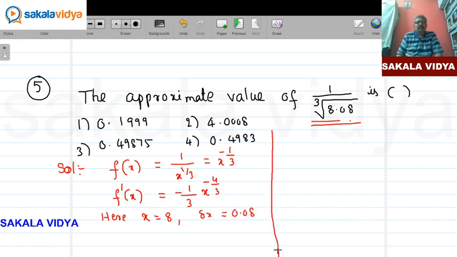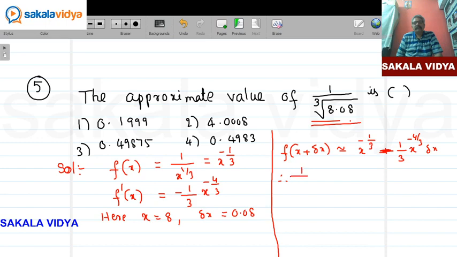Now f of x plus delta x, write down, that is equal to f of x. F of x means x to the power of minus 1 by 3 plus f dash x, that means minus 1 by 3 x to the power of minus 4 by 3 into delta x.